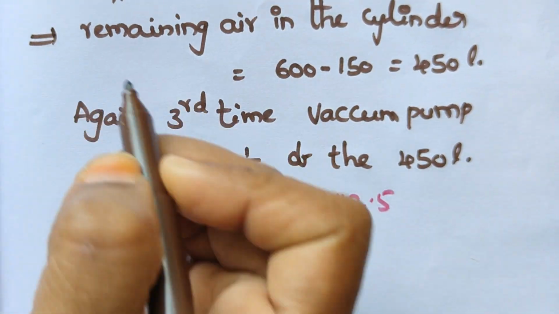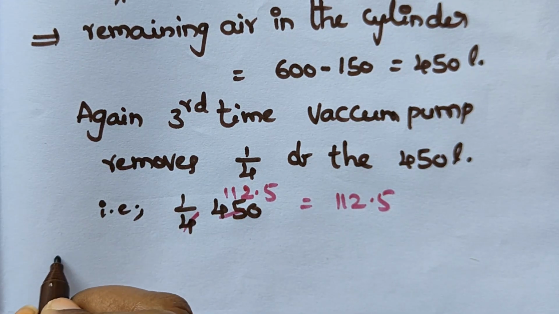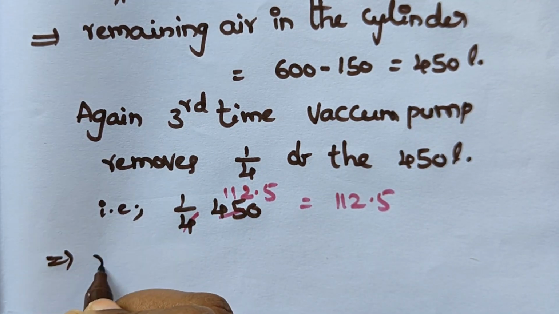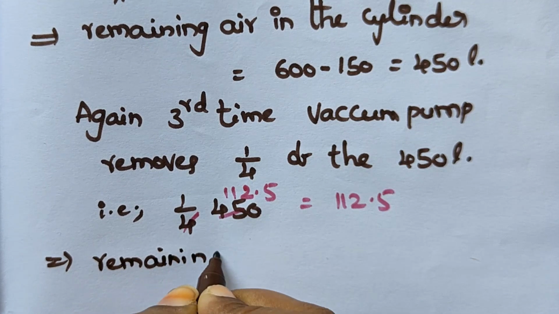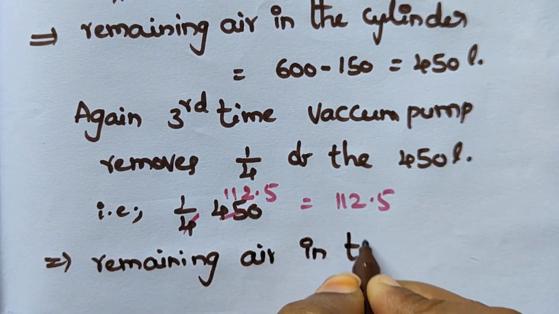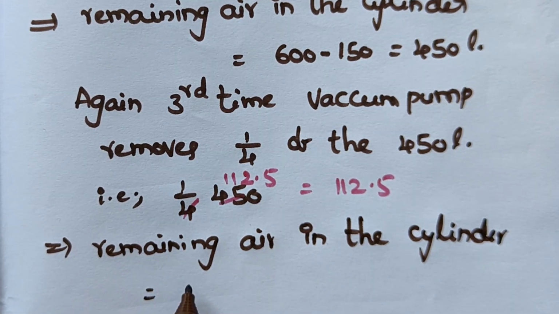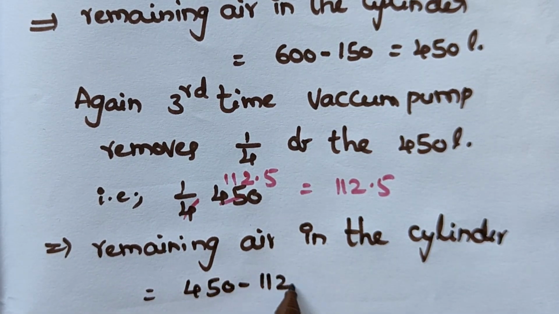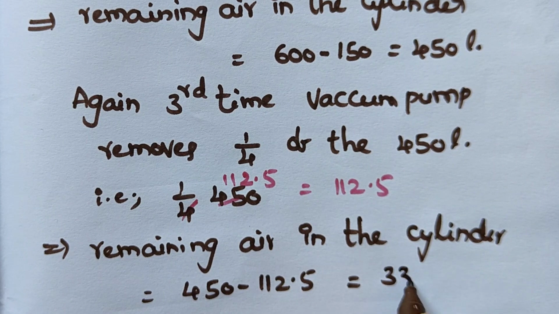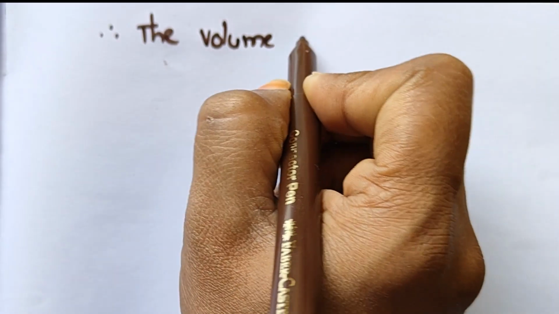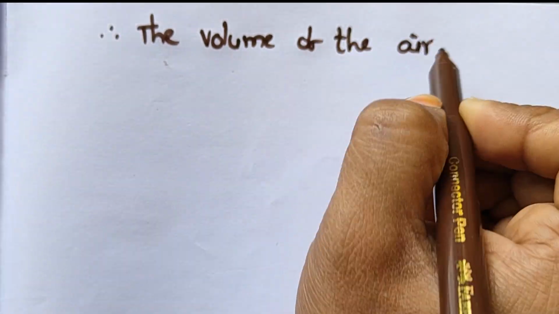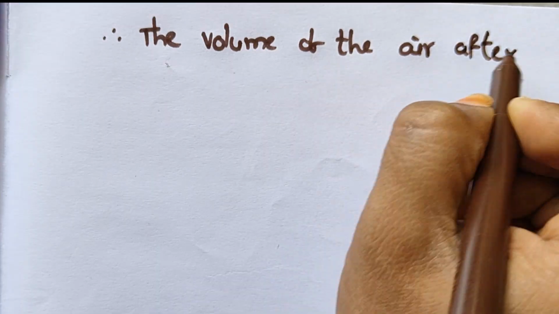Therefore the remaining air in the cylinder is equal to 450 liters minus removing air 112.5, that is equal to 337.5 liters. Now we have to take the list of air in the cylinder.